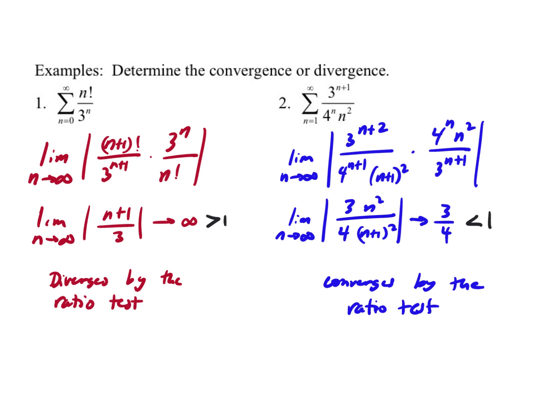And so again, the key with the ratio test is when we see factorials, that's a sign to probably use it. When you see factorials and powers combined together, that's also a sign to probably use it, okay? But you might try a test and get inconclusive, and you've got to try something else. And so that's part of my charge to help you work through that.